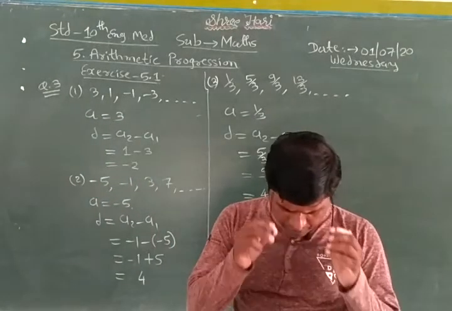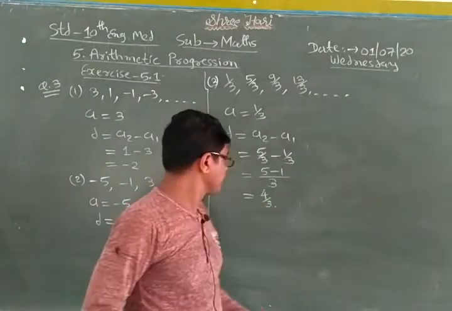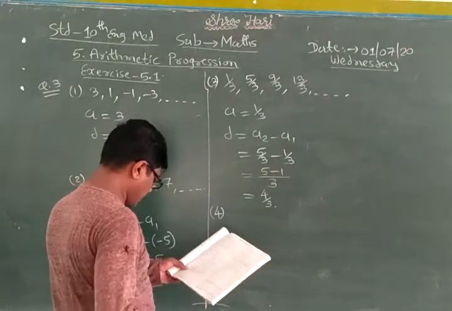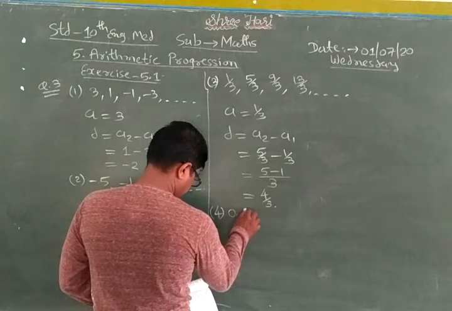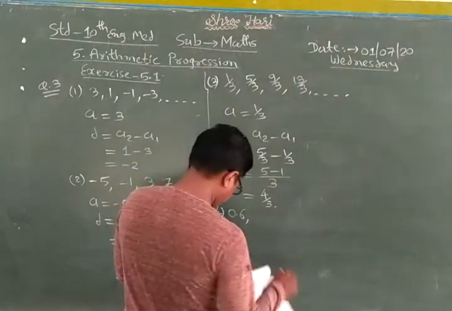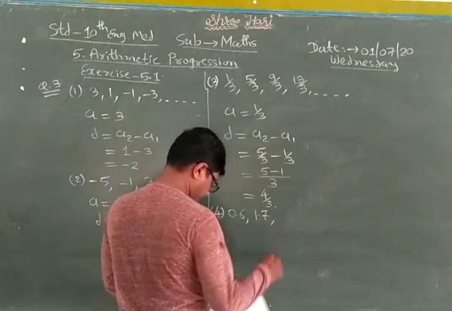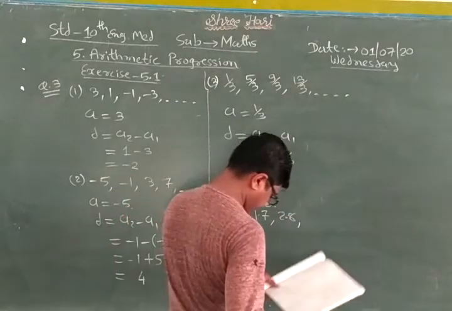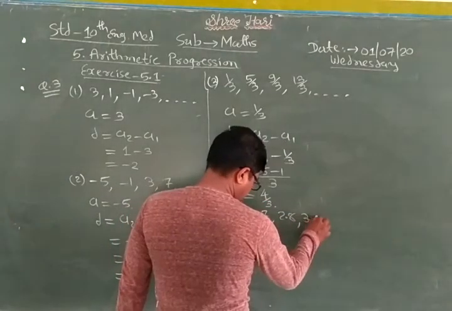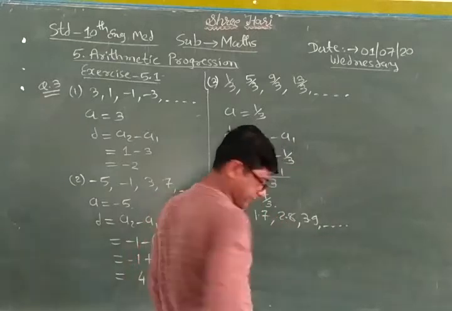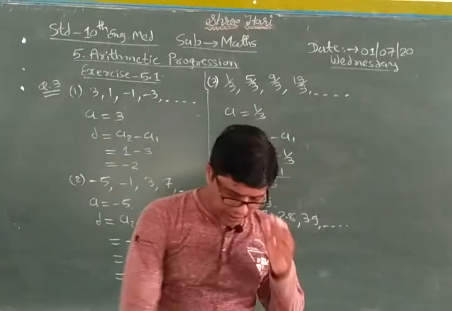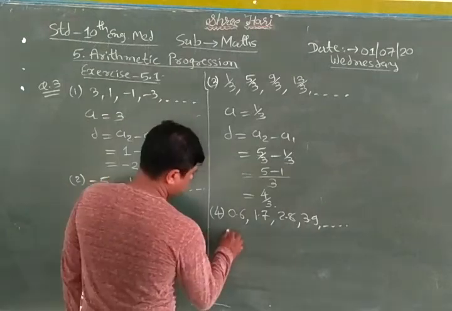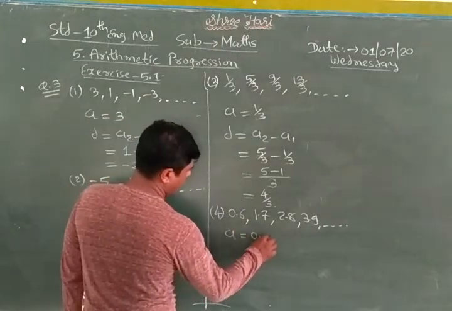Now question number 4: 0.6, 1.7, 2.8, 3.9, up to this. Here given first term A is equal to 0.6.